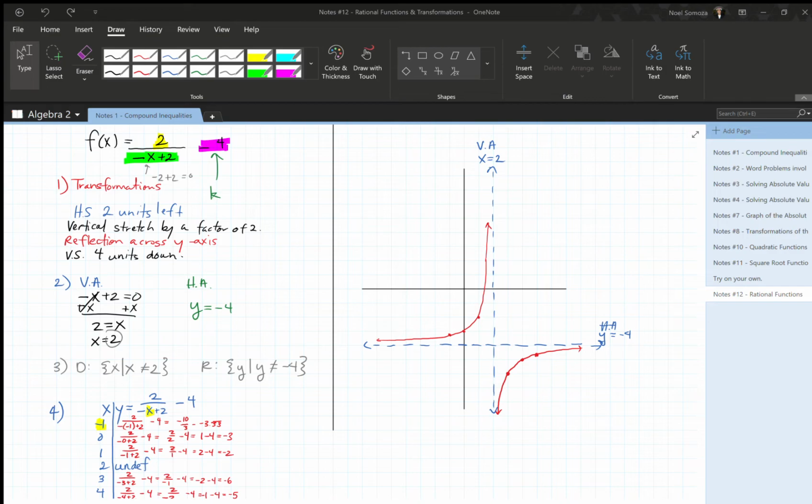To get an idea of where this is, that's approximately -3 2/3, which is about -3.66. So we can put those 2 points on the function, and then we can try to graph based on using the asymptotes and see if we can create a quick sketch.